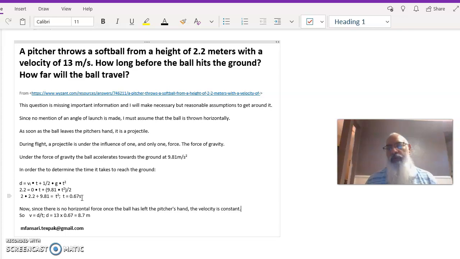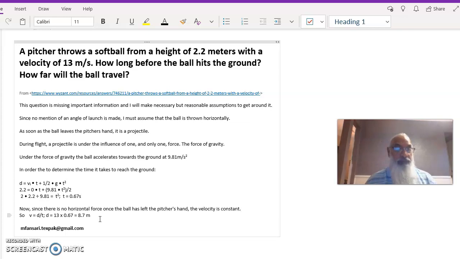Distance we don't know, but we found out that the time is 0.67 seconds. So all you do is plug them in. And then once you rearrange, you have d equals v times t. v is 13 meters per second. t is 0.67 seconds. Multiplying gives you 8.7 meters. And that gives you the range of the projectile.